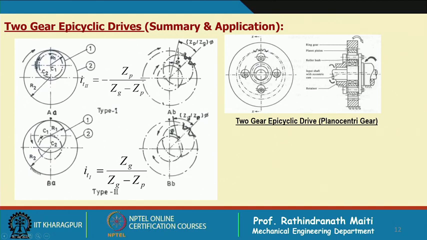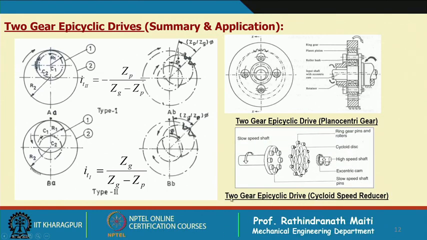This planet carrier is put, this hole having the center distance equal to this one, so that we get the desired motion. This is called planocentric drive, and usually you will find 2 planets or 3 planets equispaced, so that dynamic balance is maintained.